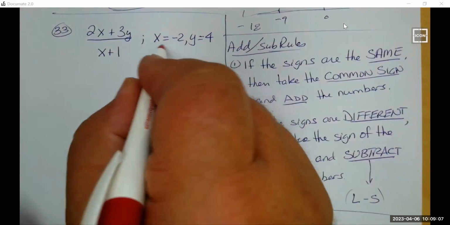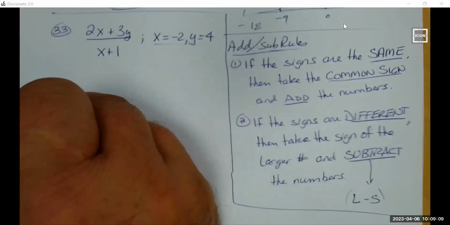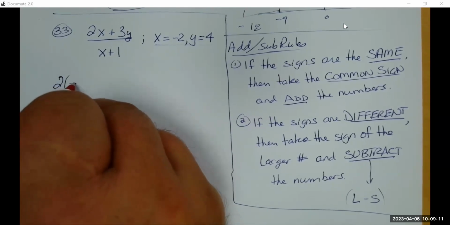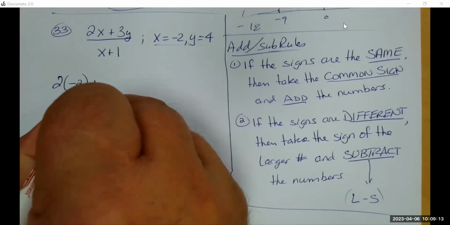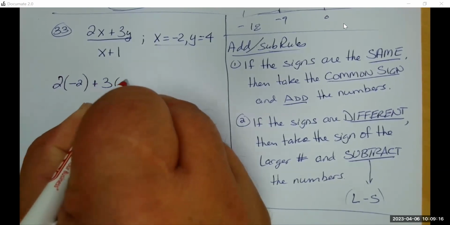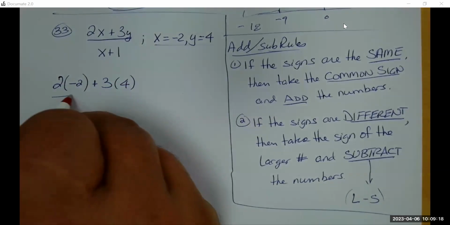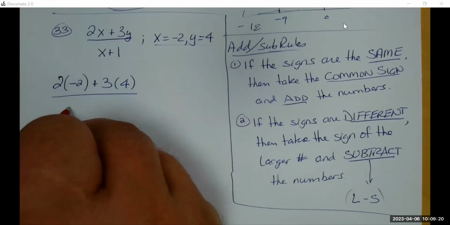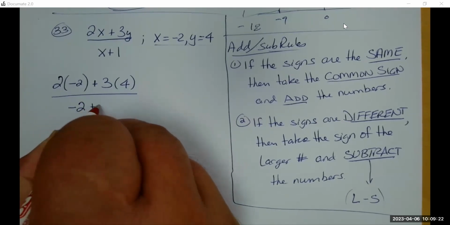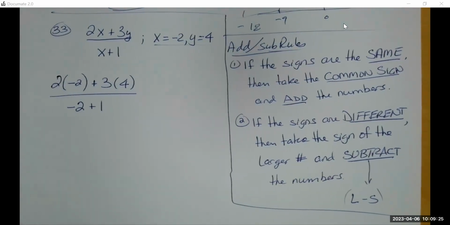The first thing you have to do is place these numbers in there. So 2 times -2 plus 3 times 4 over -2 plus 1. So far, so good?